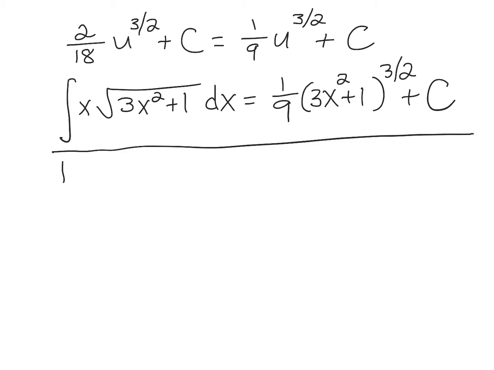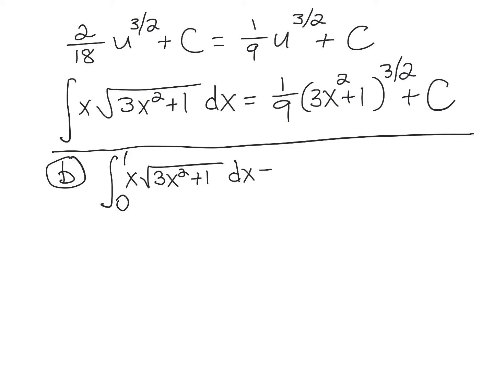Now we go to part B. Here we want to evaluate the definite integral from 0 to 1, x square root 3x squared plus 1 dx. So by the fundamental theorem of calculus, we need an antiderivative, which is 1/9 (3x squared plus 1) to the 3/2. We evaluate that antiderivative from 0 to 1, which is equal to 1/9.